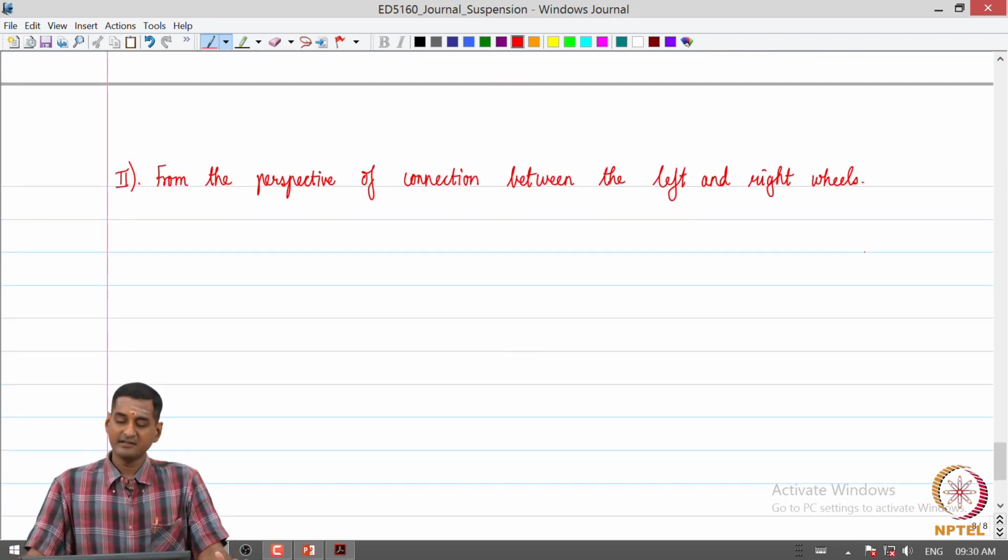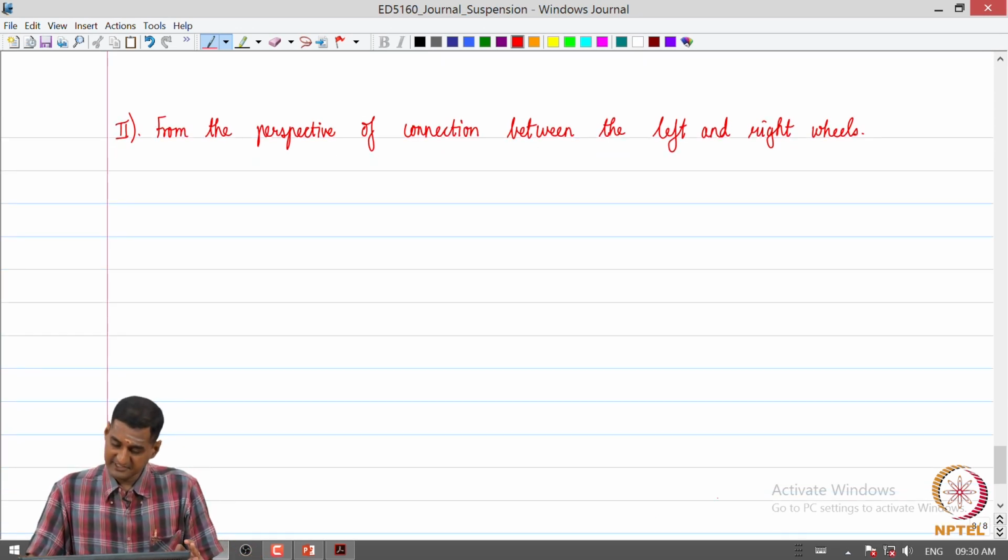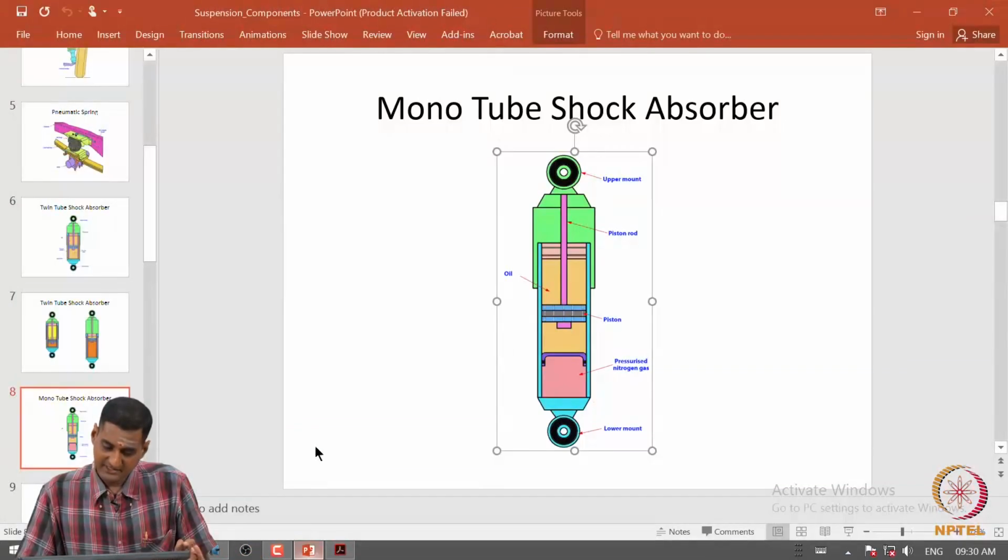So, let us look at how we can essentially classify suspensions based on this criteria.